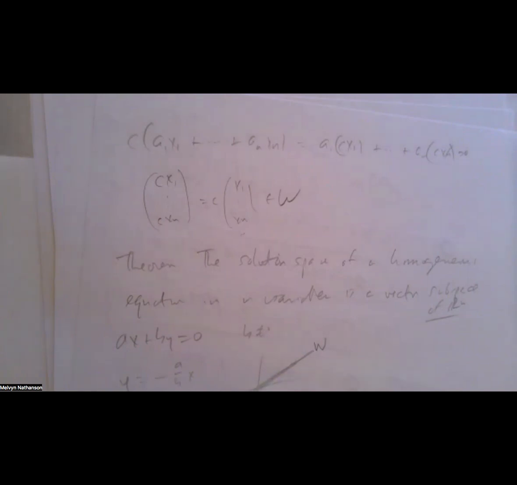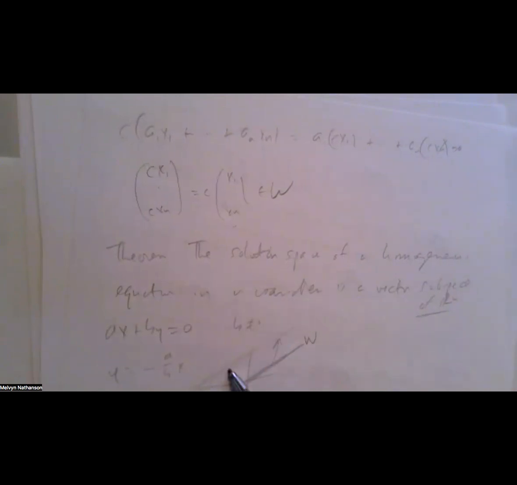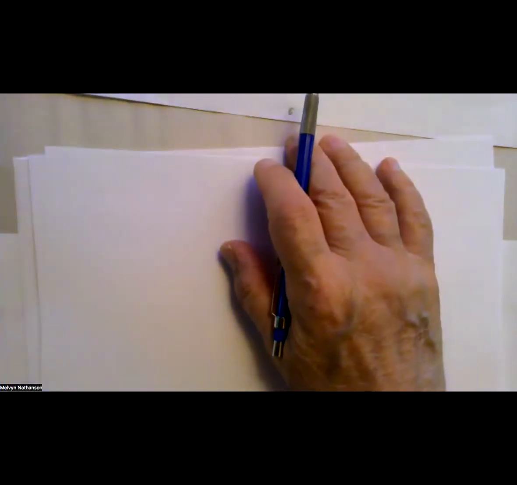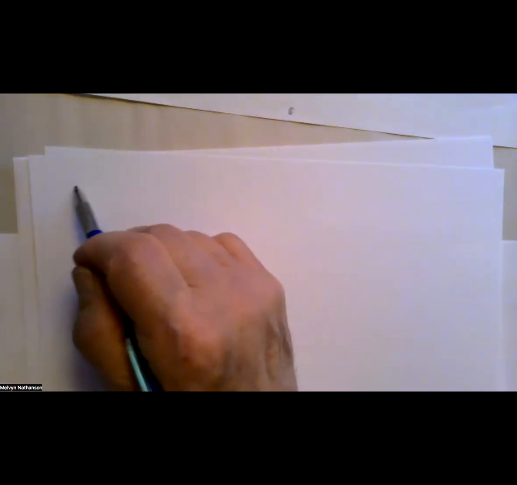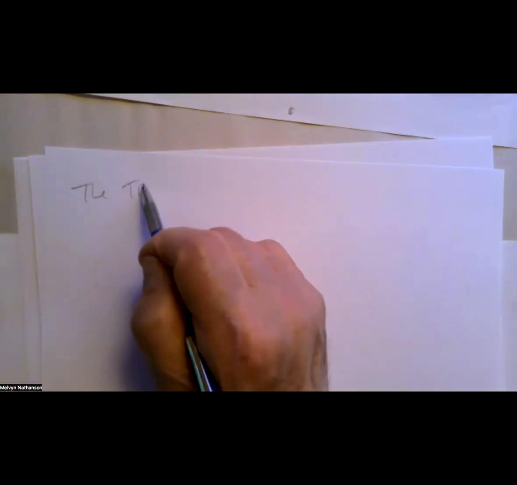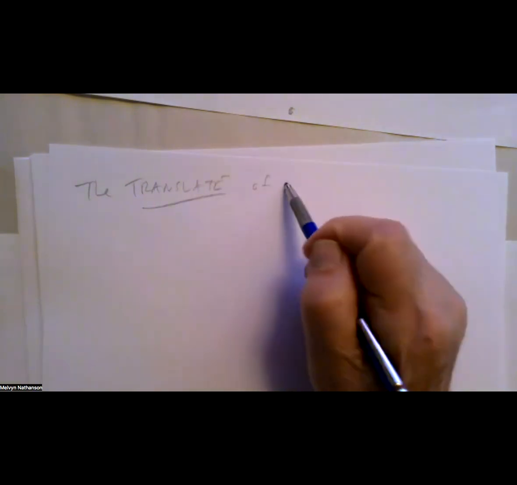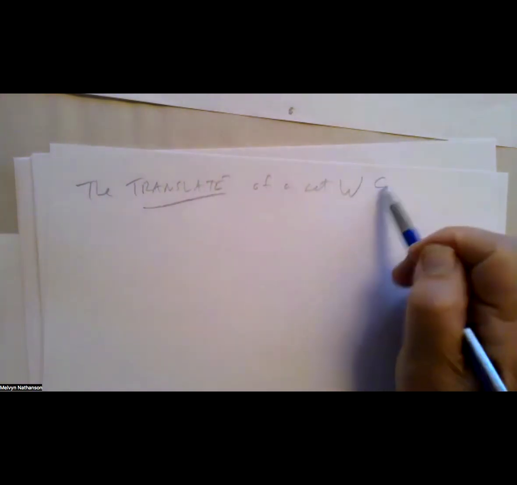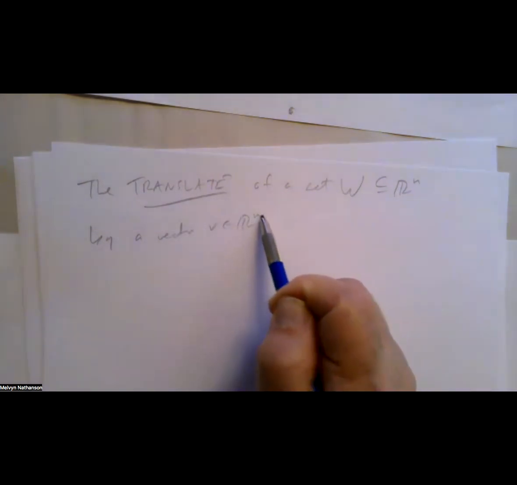What about a line that's not through the origin? It's sort of like you take this line through the origin and you push it up by a fixed amount. So let me define the translate of a set W contained in Rn by a vector V in Rn.